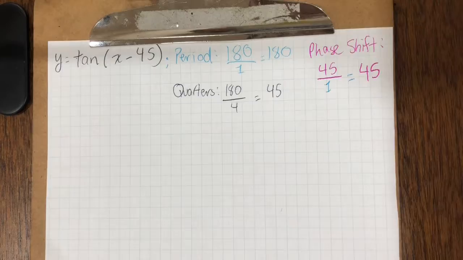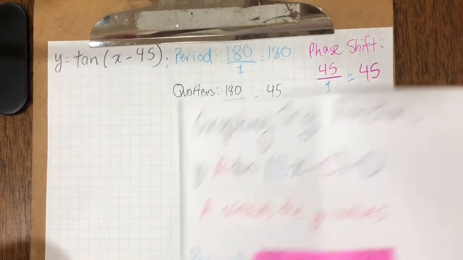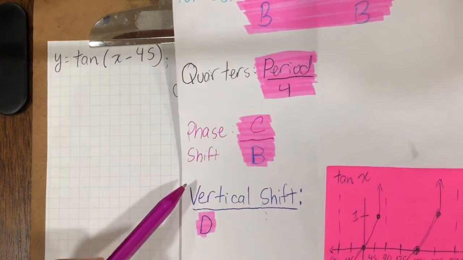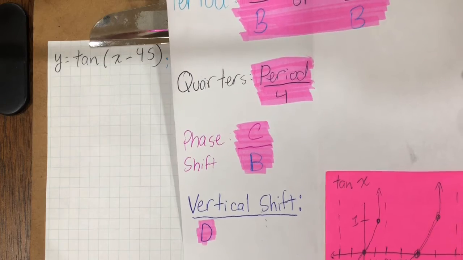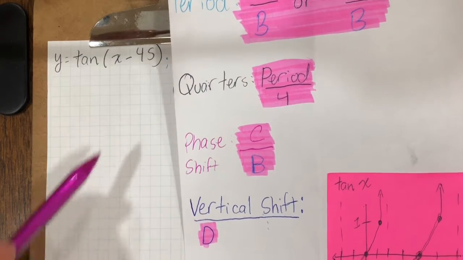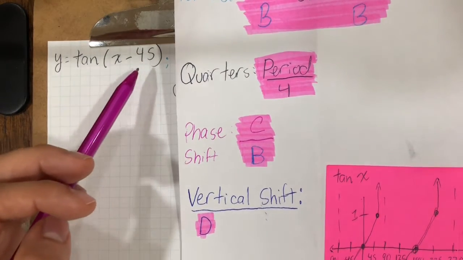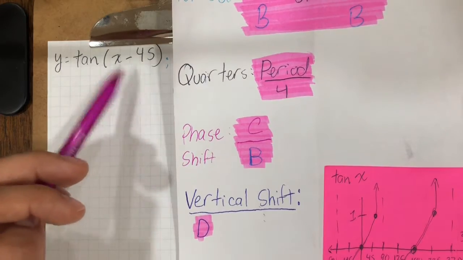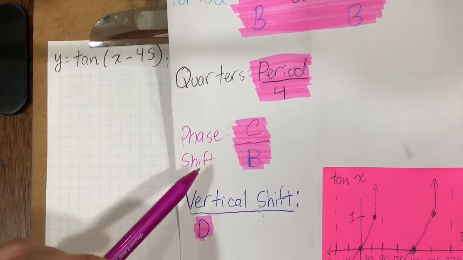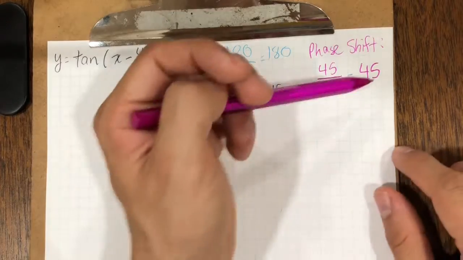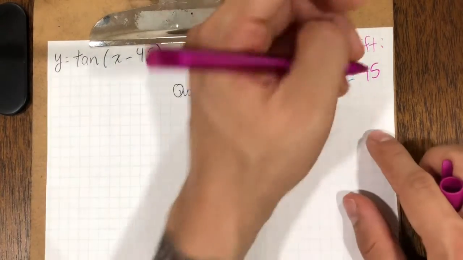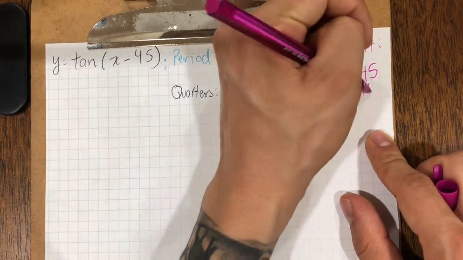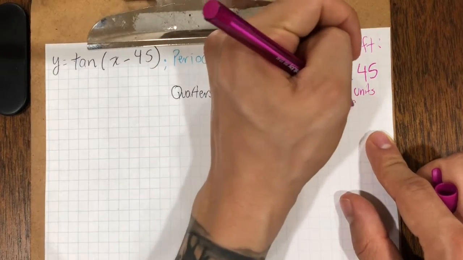For the phase shift, it follows the same rule as a horizontal shift. If you recall, with the rules for the horizontal shift, we always go the opposite of the sign given. So we have a minus, and the opposite of a minus is plus. That means for the phase shift, I'm going to be moving 45 units to the right.